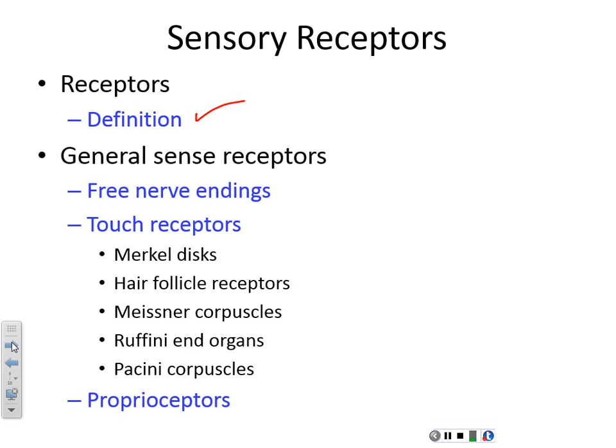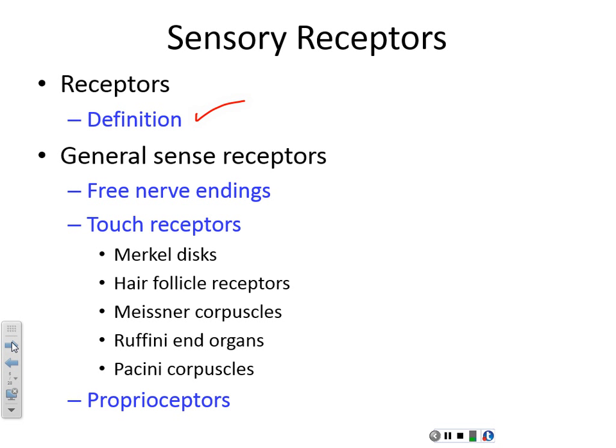But then there are specialized touch receptors. There's 5 of them. Okay. So you gotta be careful in the exam. When I'm asking about the general types of receptors, you start chiming in with photoreceptors, chemoreceptors, mechanoreceptors, and things like that. But if I say touch receptors, then you're not going to be talking about photoreceptors and stuff like that. You're going to be talking about different types of touch receptors, where you say Merkel discs, right?